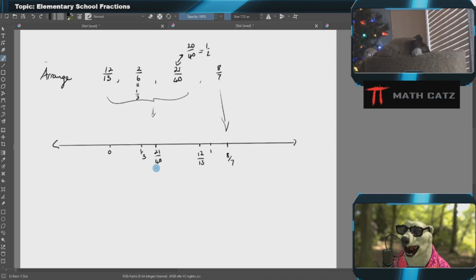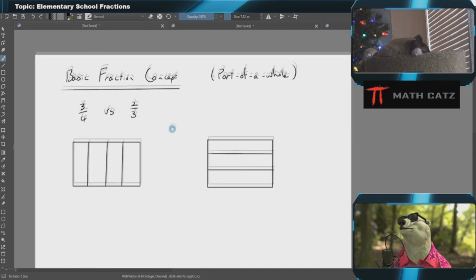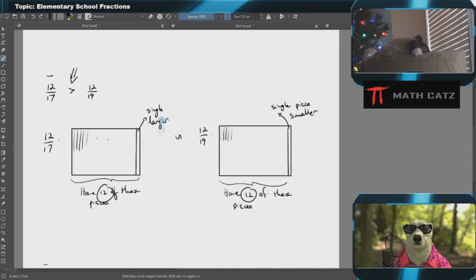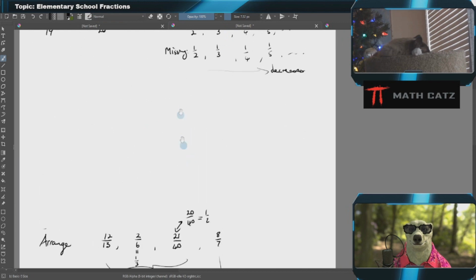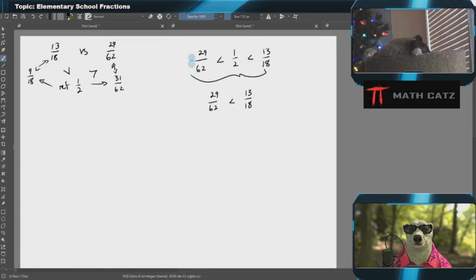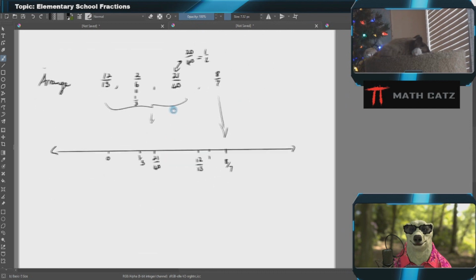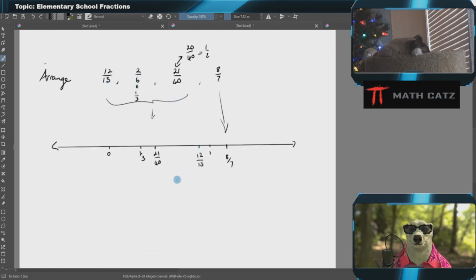But in most cases, just understanding the different strategies to compare fractions, I can have a quick sort and a very solid sense of how these fractions compare, simply extending the original part of a whole concept to slightly more sophisticated comparison strategies, like this one as well that we went through, and combining them based on the fractions I'm working with.